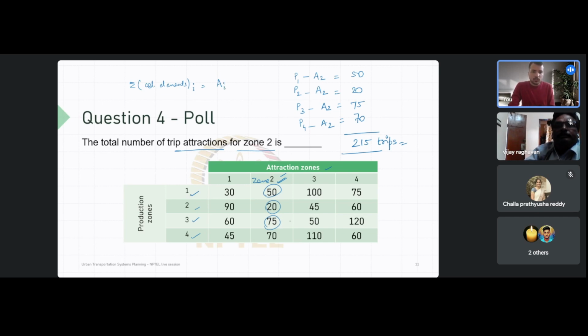For production, we want the productions for one zone, so we take all the elements in that row. I'll just write it again. For production, we take the summation of the row. For attraction, we take the summation of the particular column. Please remember this. This may be relevant for other questions that we'll do for your assignments or even exams. So was this clear?